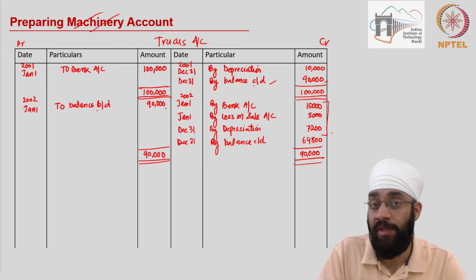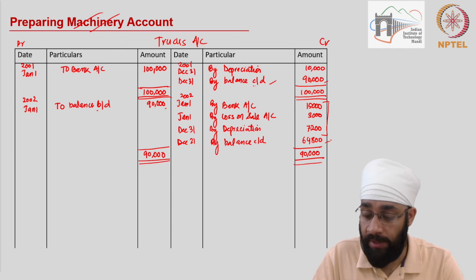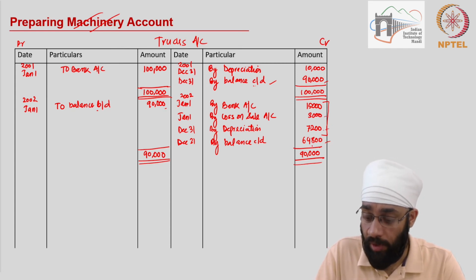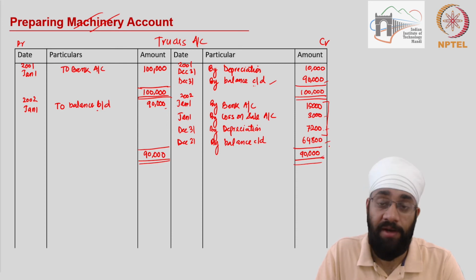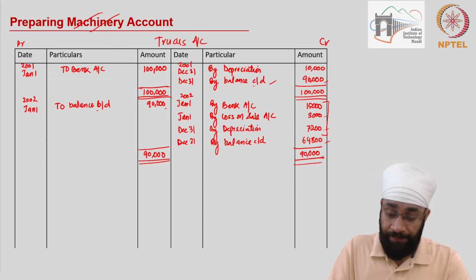Since I already had the calculations in my working table, I just picked this number from there. So this is 18,000, 25,200, and if you add 25,200 to 64,800, you get 90,000. So basically, this is a balancing figure, is what I'm saying.